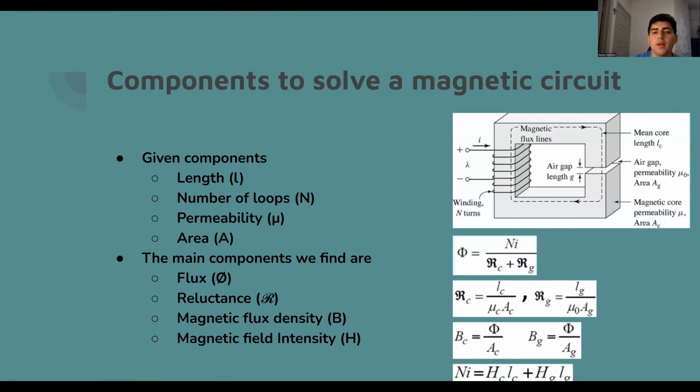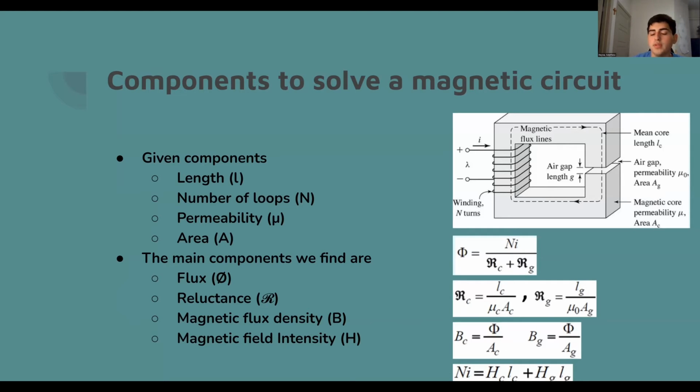Hi, my name is Matthew, and I'm going to be talking about the components to solve a magnetic circuit. A lot of the components that are given are usually the length, the number of loops, meaning the number of times the wire is wrapped around the core itself, the permeability, as well as the area.